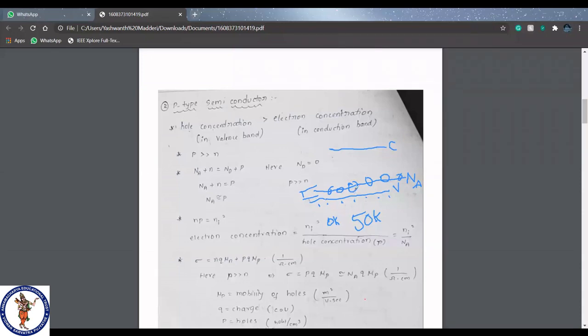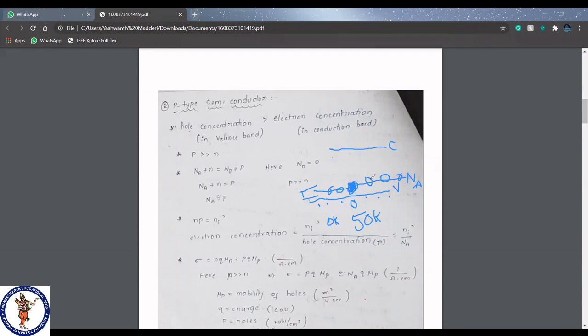By moving an electron from the valence band to the acceptor level, it releases a hole. You can see, guys, the electrons in the conduction band are still 0, and the hole count increases. This is not the case in an intrinsic semiconductor, where electron and hole concentrations are the same. This is completely a different story.